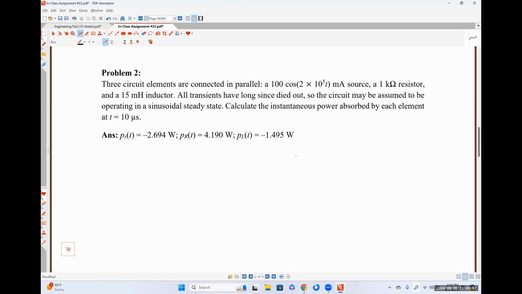So if we look at our second problem, we're told that we have three circuit elements that are connected in parallel. A current source, I'm going to assume the direction is up. A 1 kilo ohm resistor, and a 15 millihenry inductance.